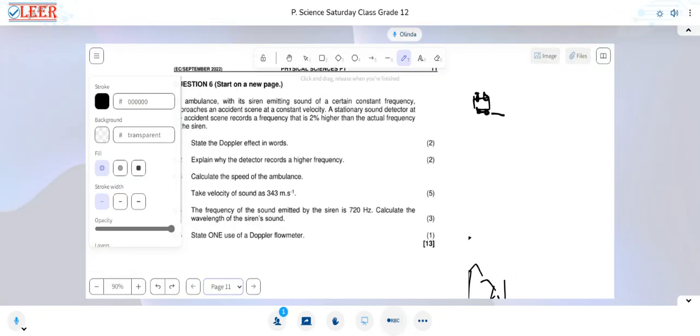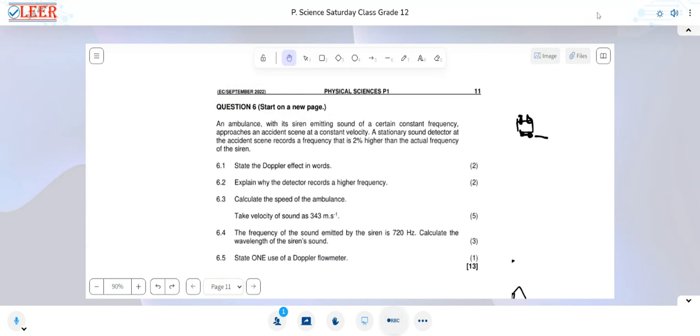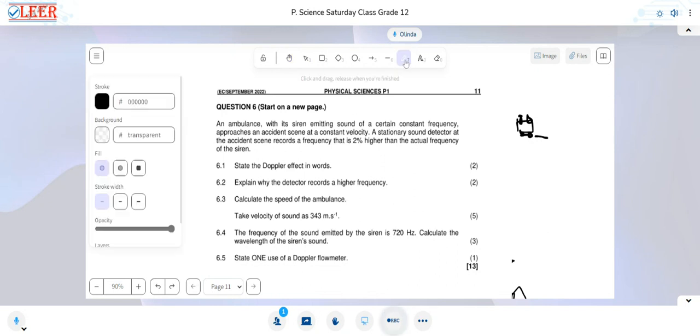It says an ambulance with its sirens emitting sound of a certain constant frequency approaches an accident scene at a constant velocity.